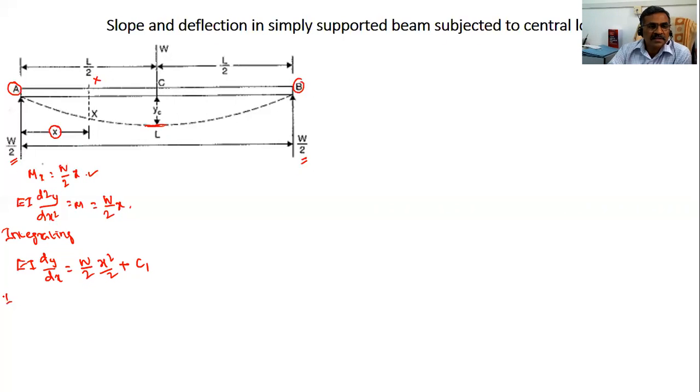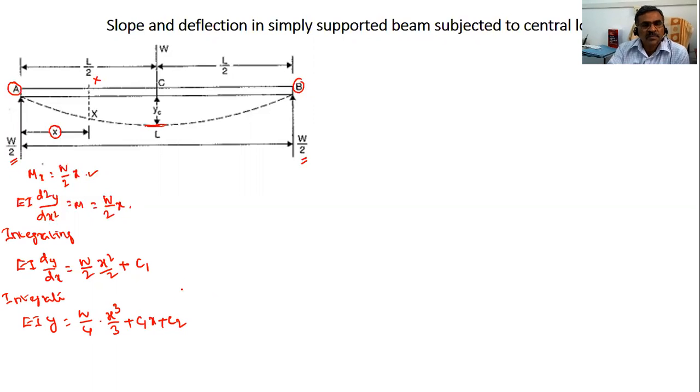Integrate again, you will get EI into y is equal to W by 4 into x cube by 3 plus C1 into x plus C2.